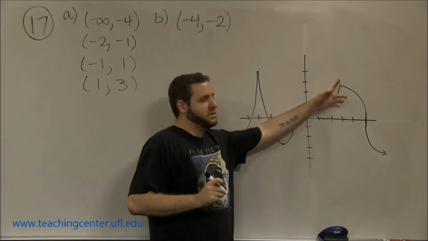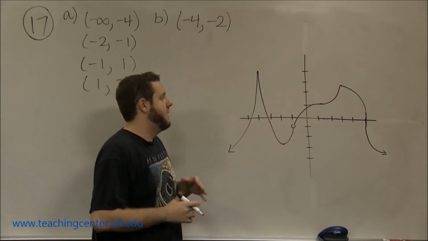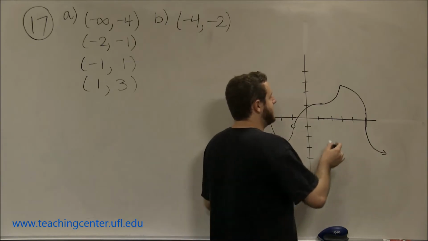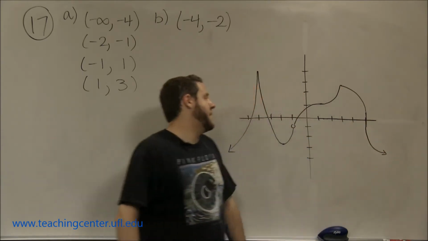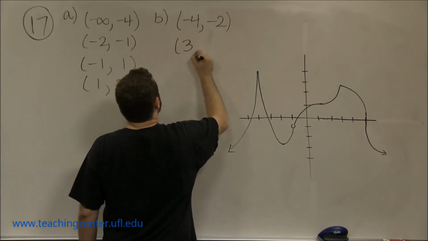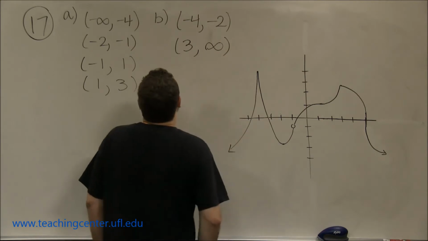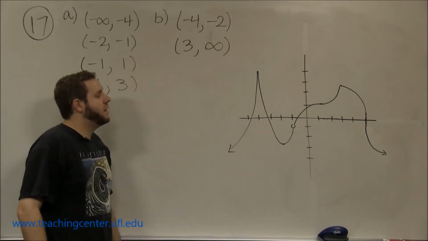Everything else here was increasing or just a non-included point along the way. And the last time we are decreasing is from 3 to infinity. We're decreasing everything past that. So we have 4 intervals of increase here, and we have 2 intervals of decrease.